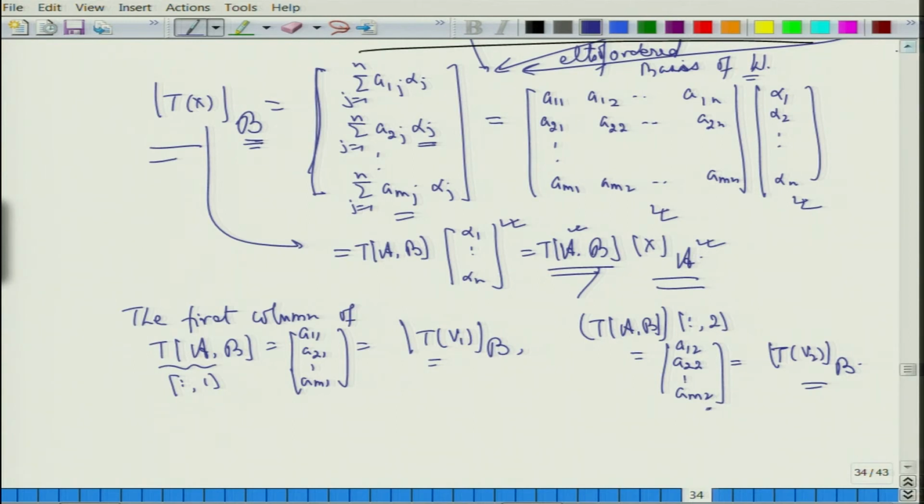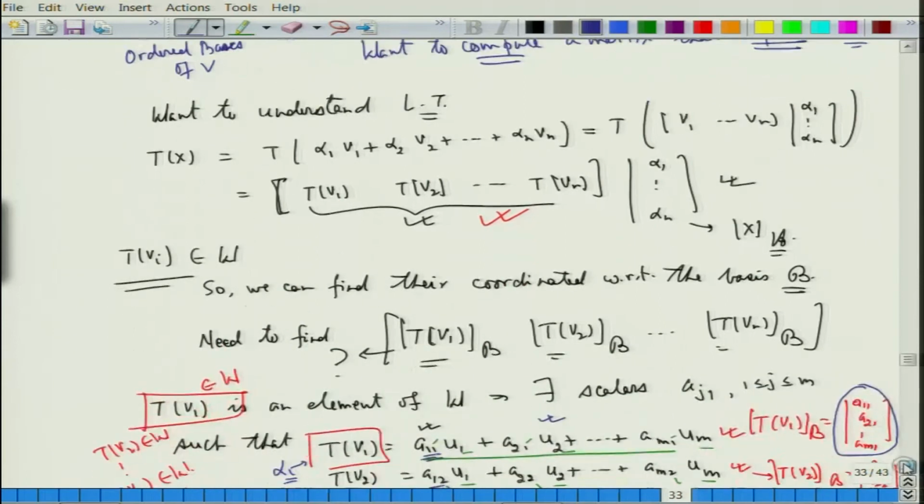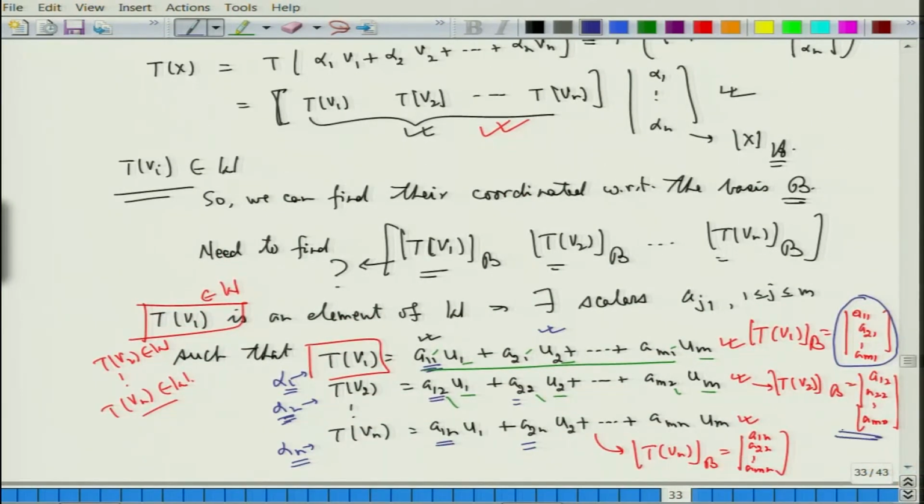Let's go back and see here. The second part is the same. Is that okay? So you can see that what we have got makes sense.